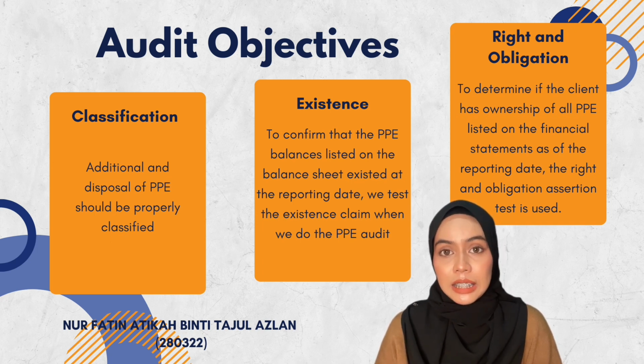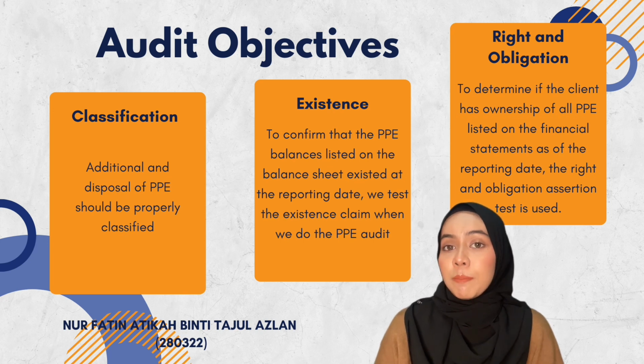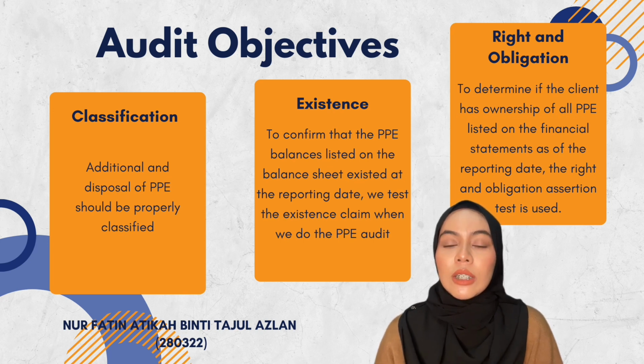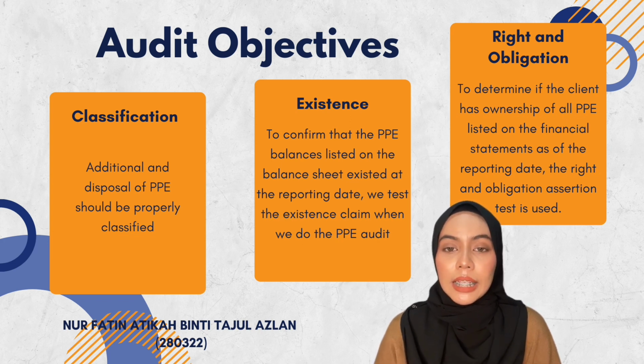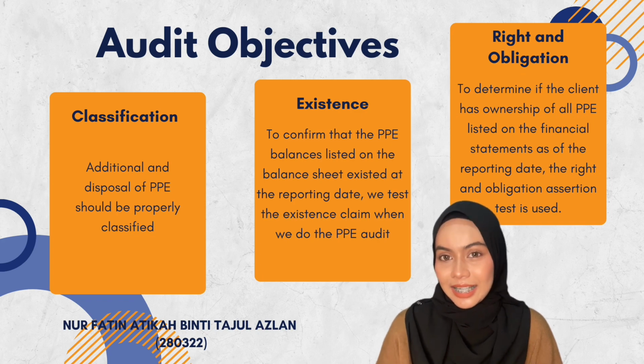Furthermore, existence. To confirm that the property, plant and equipment balance listed on the balance sheet existed at the reporting date, we test the existence assertion when we do the property, plant and equipment audit. Next, rights and obligations. This objective is to determine if the client has ownership of all property, plant and equipment listed on the financial statement as of the reporting date.